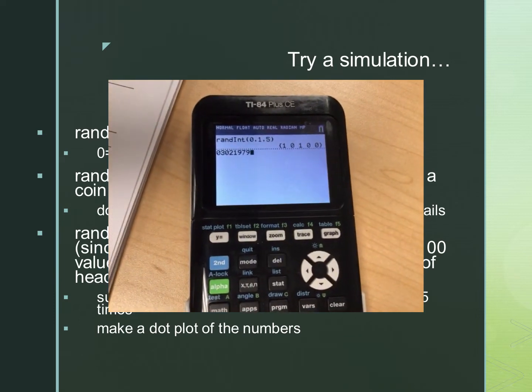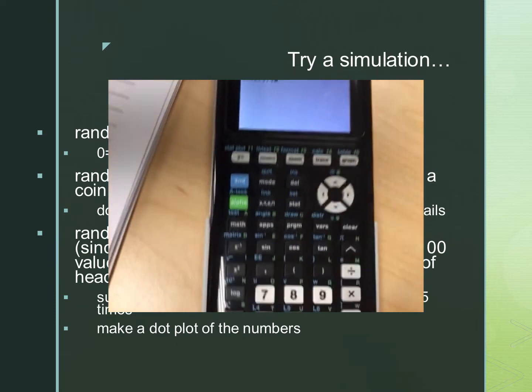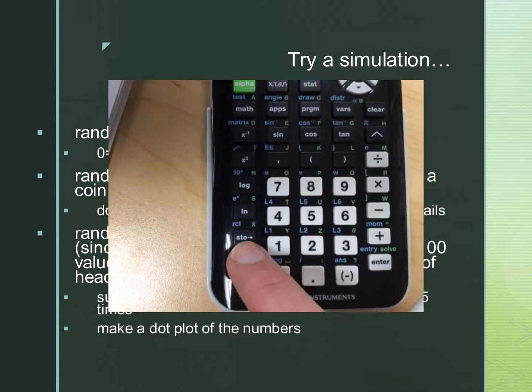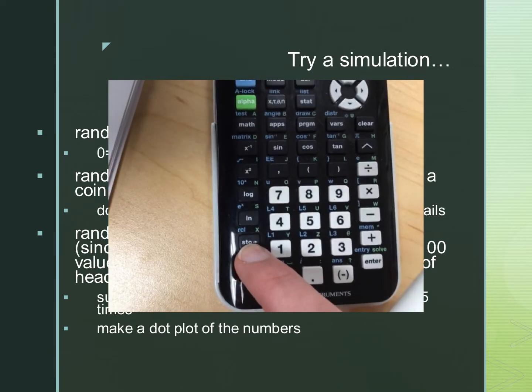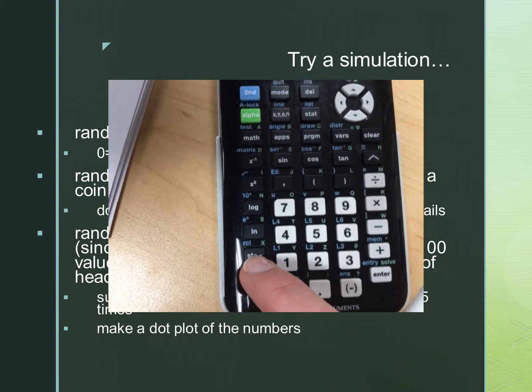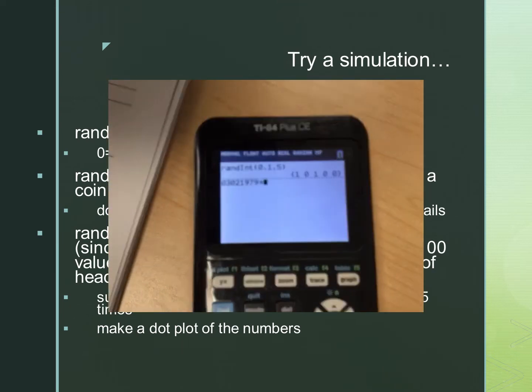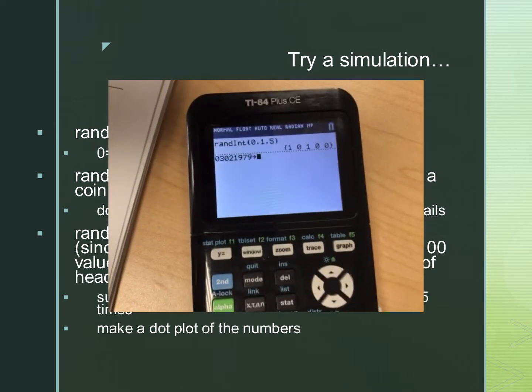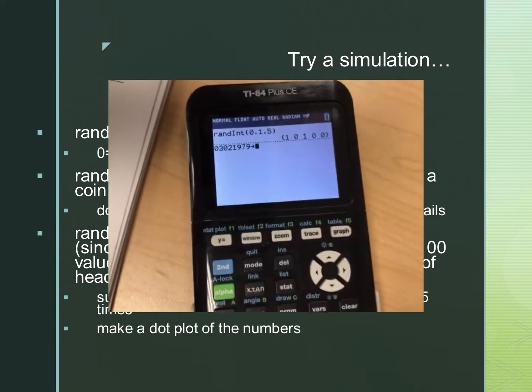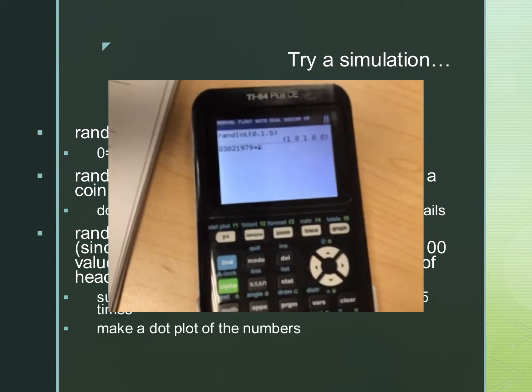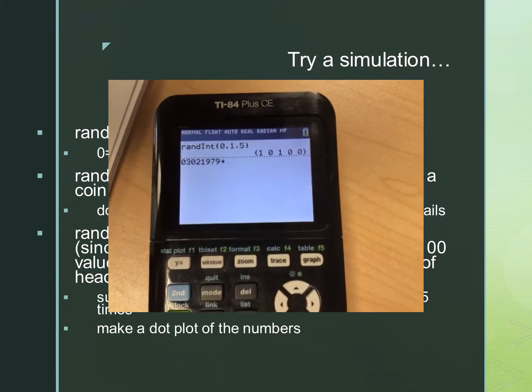Okay, everybody put their birthday in? Then you're going to hit the store button, S-T-O, where you're going to store stuff, and it puts a little arrow. It's right above on. Store is right above on.